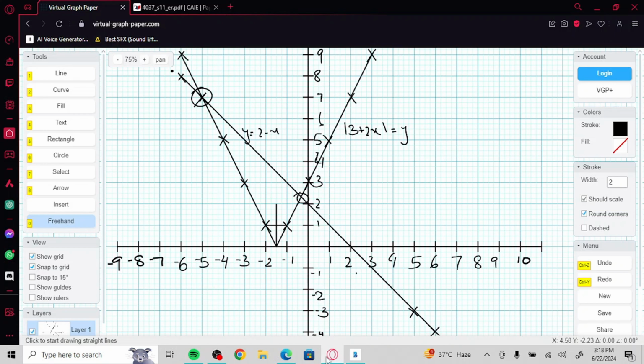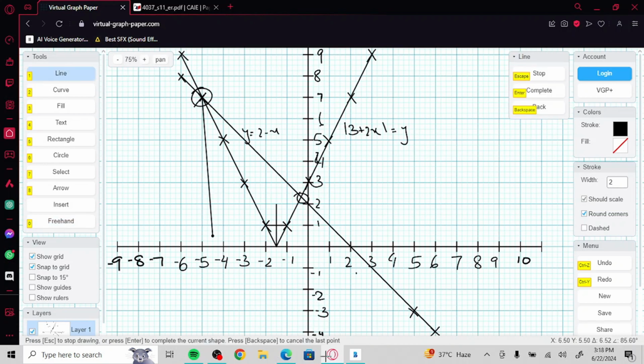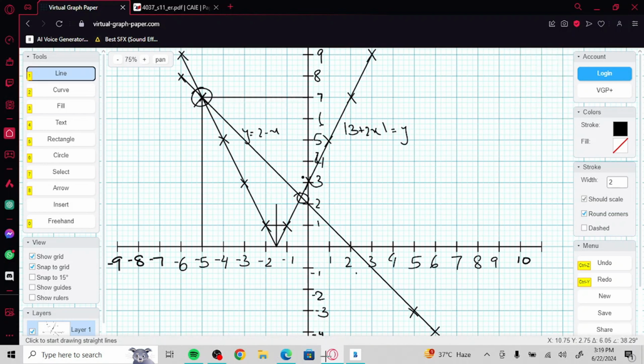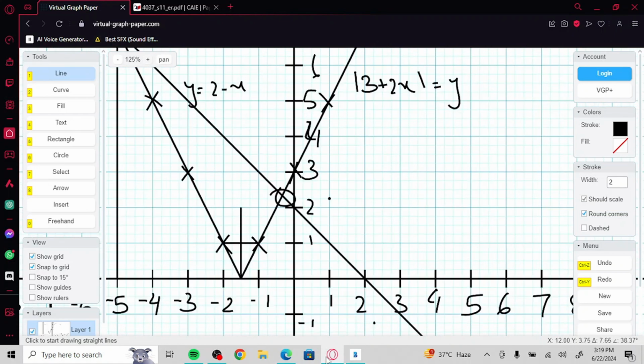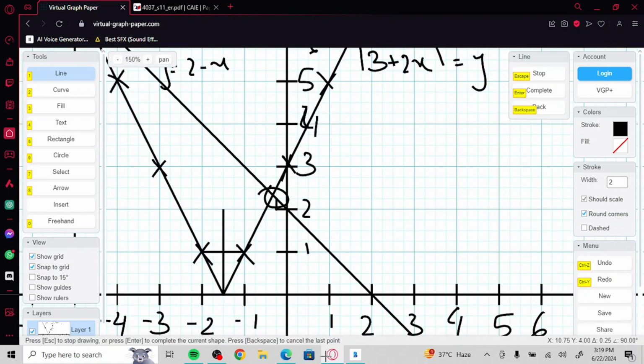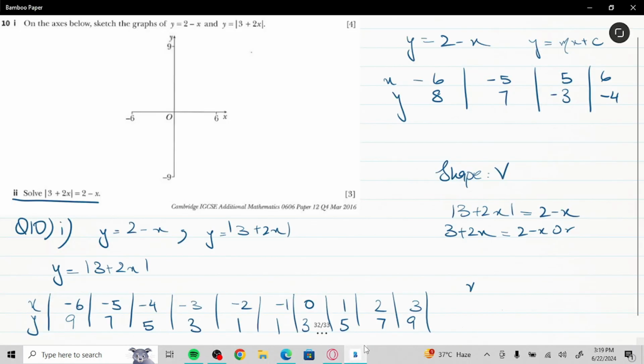Specifically, if we use our line tool to go down, it's negative 5, 7, our first point. Let me zoom in for this. The other one is approximately 0.3. So the two values of x are negative 0.3, or negative 5.